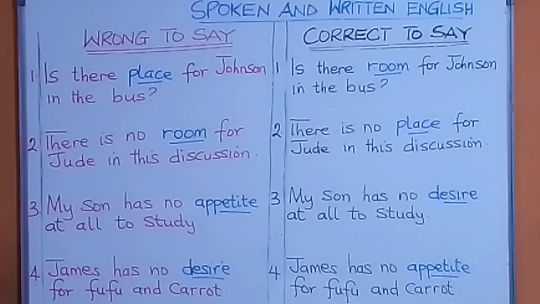You should not use place in the sense of room. Room means here, as we are using it, an unoccupied space. So don't use place in the sense of room.